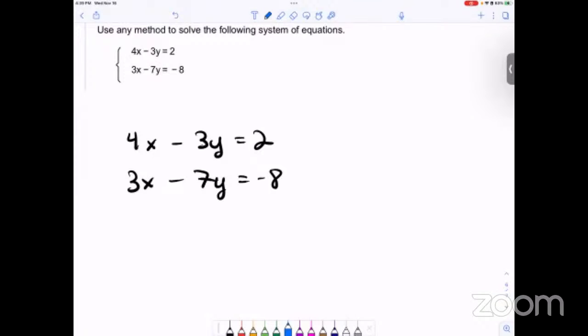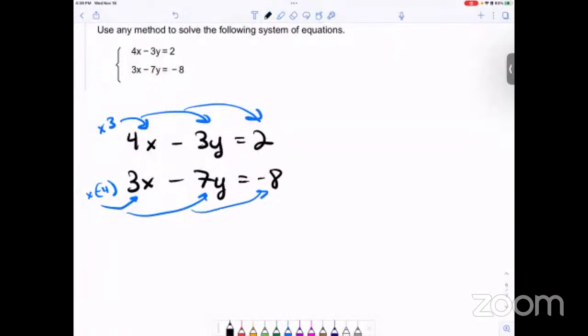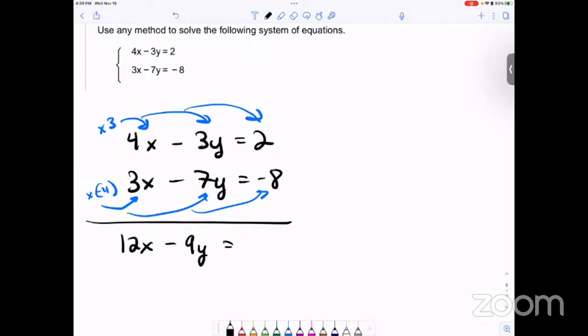So I'm gonna multiply equation 1 times 3 and distribute. I'm gonna multiply equation 2 times -4 and distribute. So on top, we're gonna get 12x minus 9y equals 6. On bottom, we're gonna get -12x plus 28y equals 32.